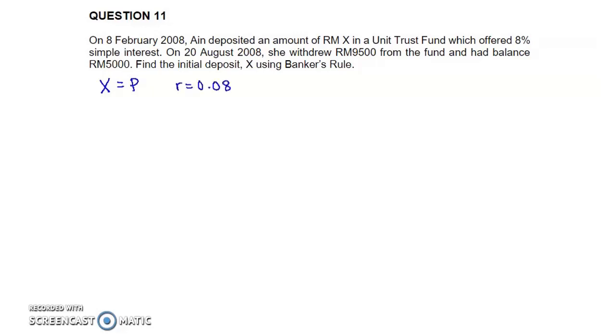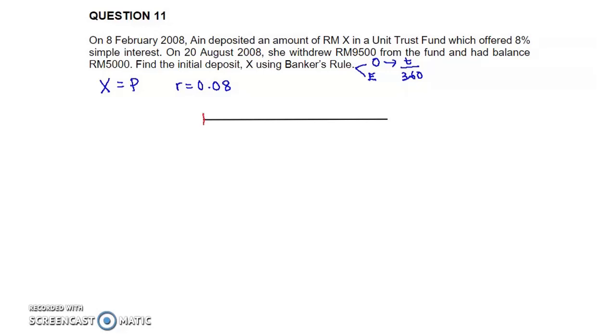On 28 August 2008, she withdrew 9,500 from the fund and had balance RM 5,000. Find the initial deposit, which is value X, using Banker's rule. So again, Banker's rule, remember O, E. E exact time, O using ordinary simple interest, means that T divided by 360.